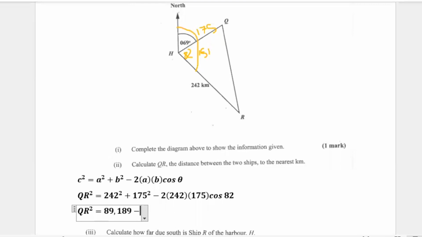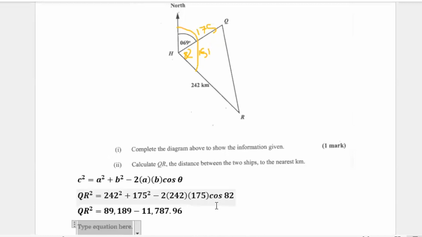So when you do that, what you'll get is a very good answer. It is 11,787.96. And when you do this subtraction of 89,189 minus the 11,787.96, what do you get?